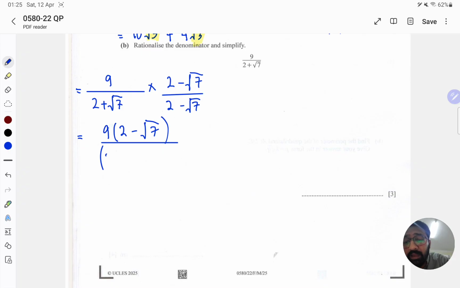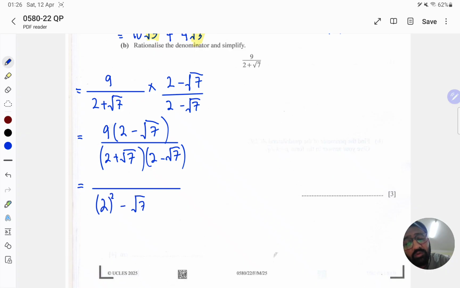So if you multiply 2 plus square root of 7 and 2 minus square root of 7, I'm sure you can recall that the denominator looks like an identity that you must have done, the third identity, which is a square minus b square. So you will write it like that: 2 square minus square root of 7 whole square.